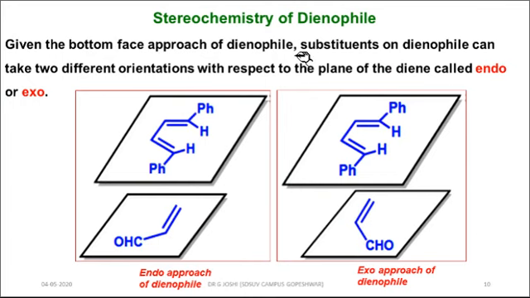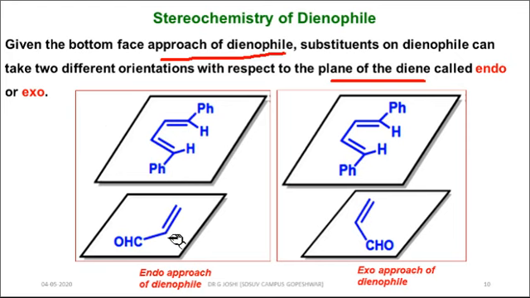In this case, now we'll discuss the stereochemistry of dienophile. Here, given the bottom phase approach of dienophile, the substituent on dienophile can take two different orientations with respect to the plane of diene, that are called endo or exo, as shown in this example.